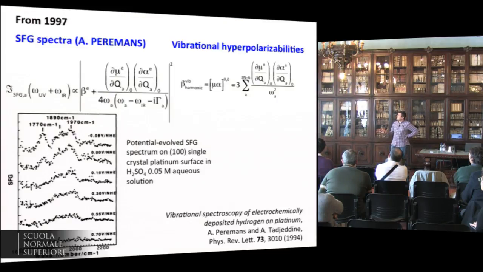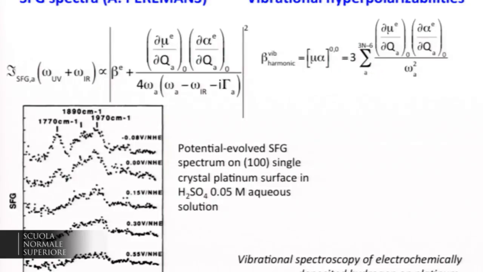So this started in 1997 when I met in the university one of my former physics teaching assistants, André Permans. He was coming back from a postdoc at Orsay, and there he was using this new vibrational spectroscopy called sum frequency generation in order to monitor the adsorption of hydrogen atoms on platinum surface as a function of the electrode potential.